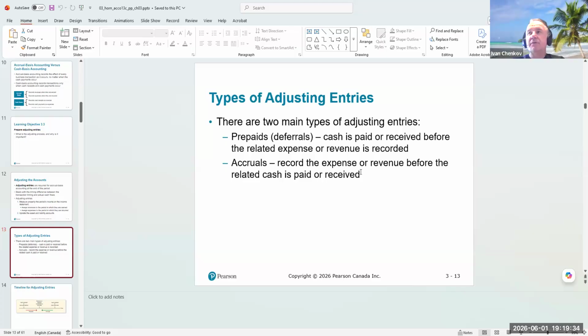How about Douglas College? They receive your cash at the end of April. Is that revenue for them? Not yet. What is it? On the same structure, asset equals liability and equity. What is that for them? It's a liability. How are we going to call it? Unearned revenue, remember?